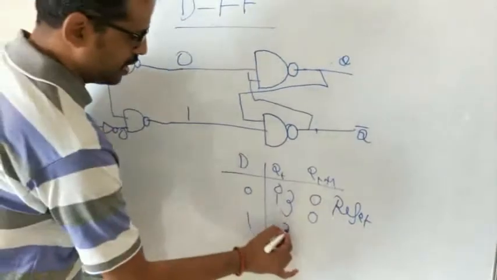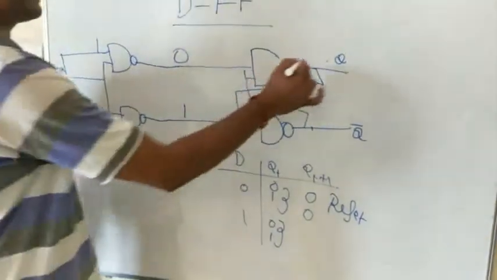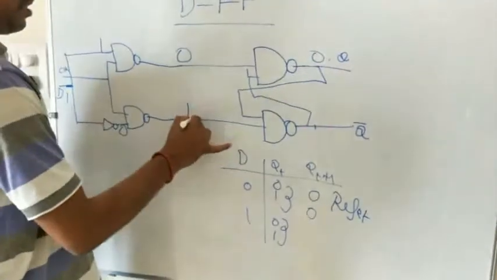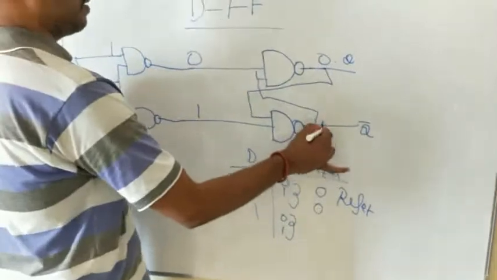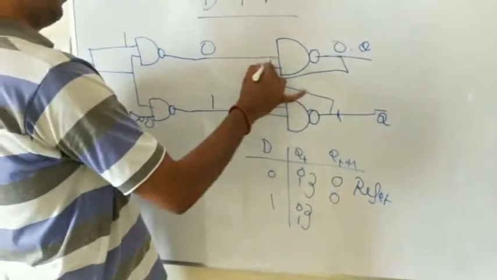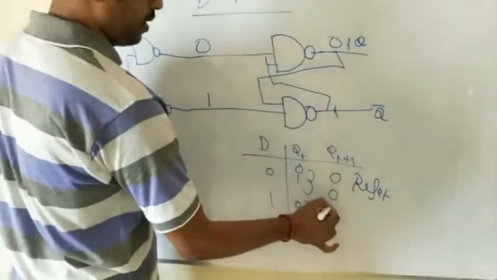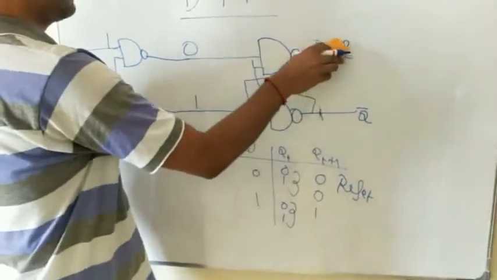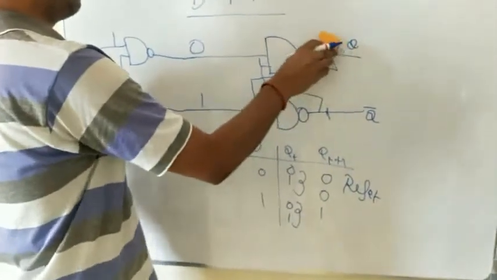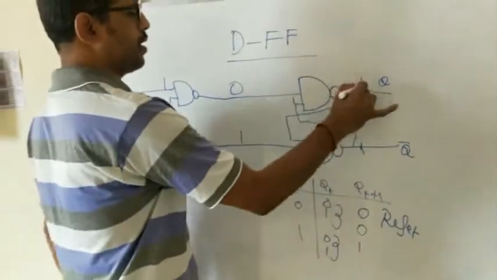Now we'll check with the present state and study the behavior of the next state. Assume the present state as 0. 0 and 1: if any one of the values is 0, the output is going to be 1. This 1 is going to come here. 1 and 0, the output is going to be 1. That is, the next state is going to be 1. Now let's see the next state when the present state is 1.